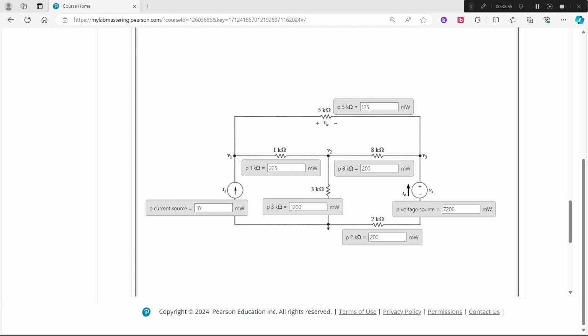What's the current? We said it was 0.06. Squared times.